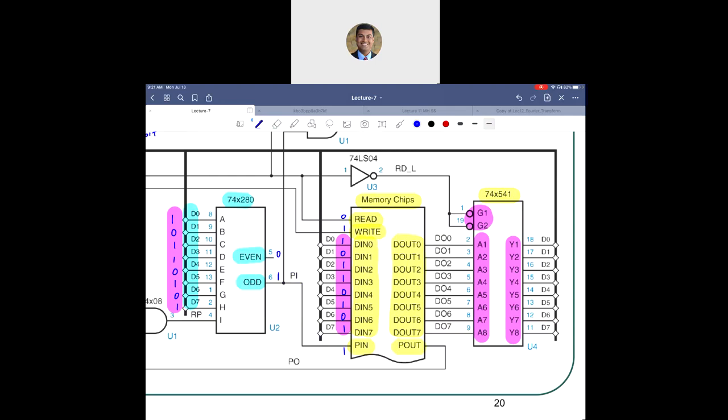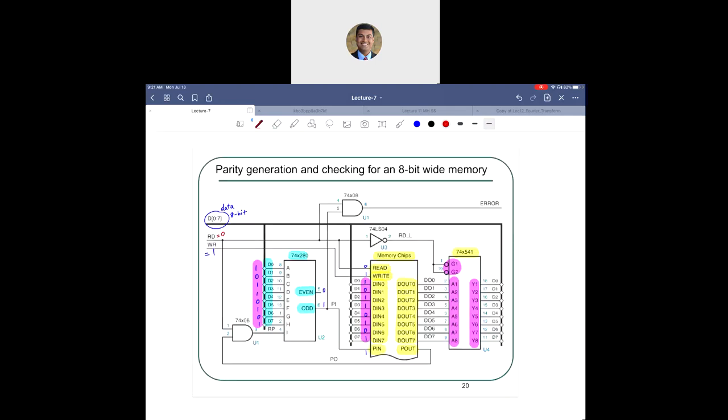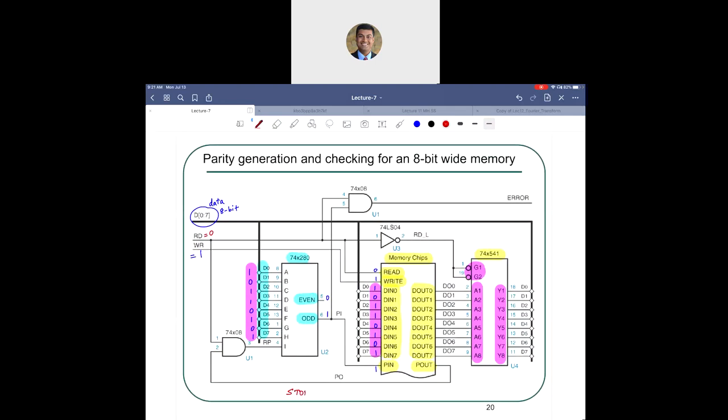So I'm really storing 9 bits. 8 bits are from the data and 1 bit is from the parity. Now tell me this.